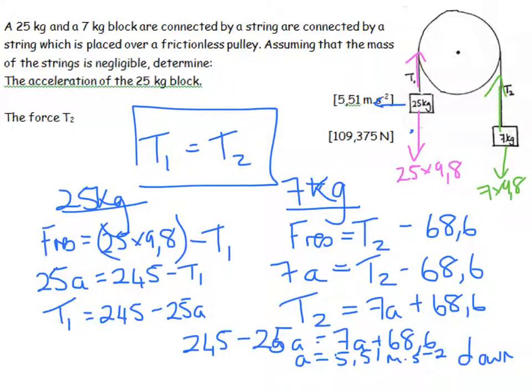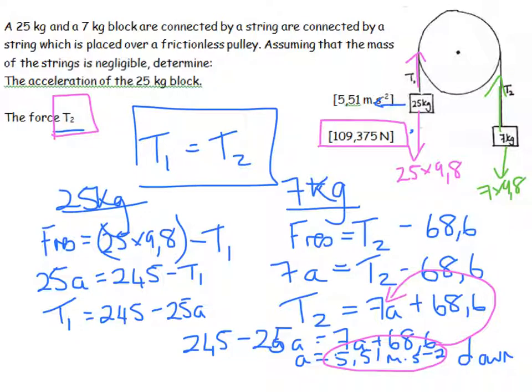Then they want to know what is the force, T2. So if I'm going to calculate T2, I substitute this 5.51 back in for that 7a, and it turns out that T2 is 109.375 when I substitute back in. And it's an upward force because T2 is going upwards.